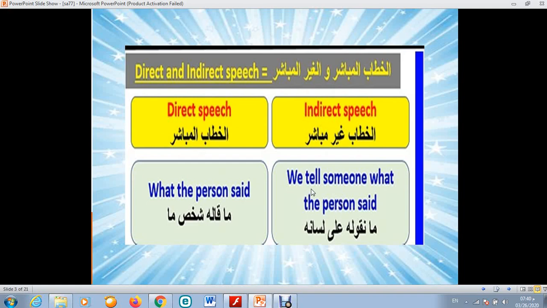So we told about what someone had said. This is the difference between direct speech and indirect speech. Direct speech, you say the exact words of the person. The indirect speech, you say the meanings of his sentence.